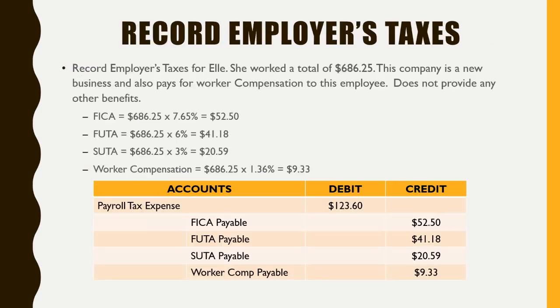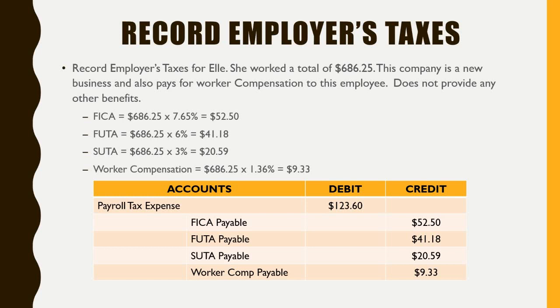Okay? So how do we calculate all of this? So let's take a look. So here you go. Again, all of these taxes are based off of gross earnings. So L has earned a grand total of $686.25. So let's go ahead and calculate each one. We talked about FICA, which is the Federal Insurance Contribution Act.